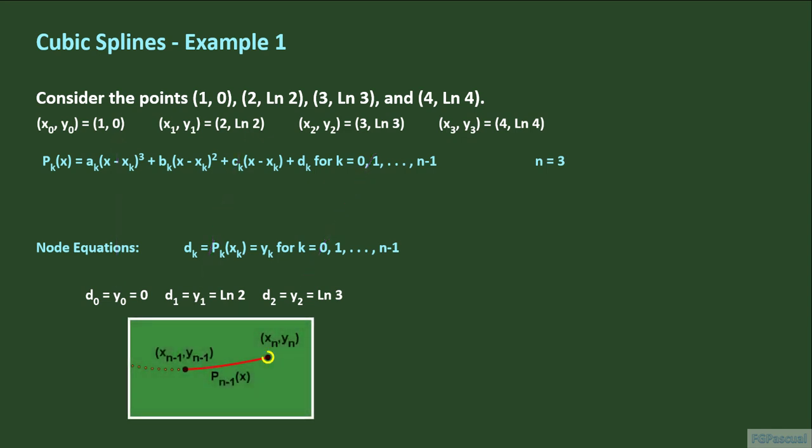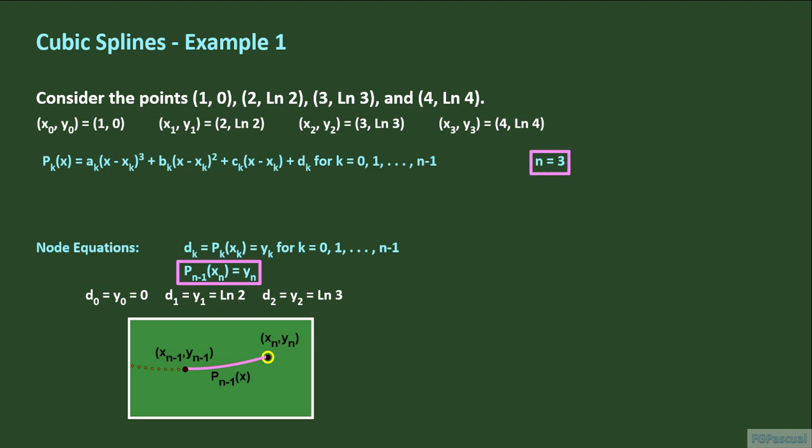Now x sub n, y sub n is the only point that is only a right endpoint, that is, if we have arranged the x sub k's as a strictly increasing sequence. We plug in x sub n into p sub n minus 1, which is the last polynomial segment. And so p sub n minus 1 of x sub n is equal to y sub n.